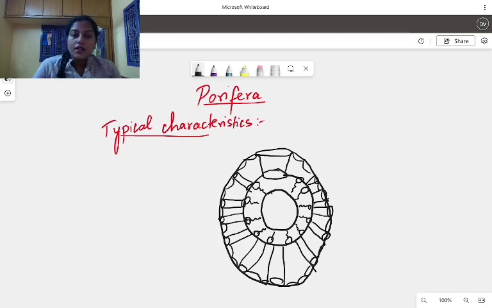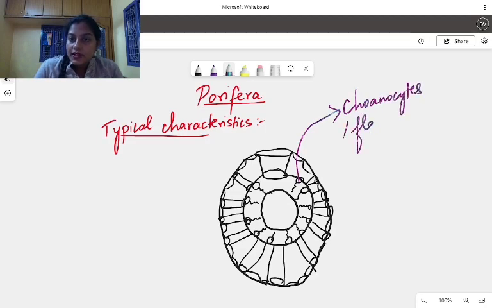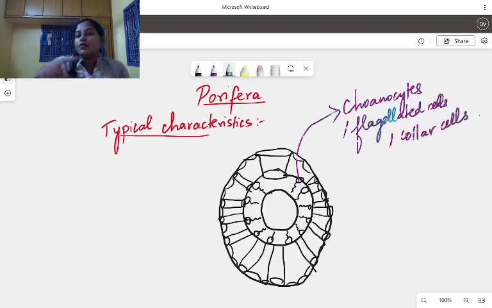So what are these now? Those flagellated cells, we call them conocytes, or flagellated cells, or collar cells. So there are three different names for those cells having a tail-like structure.